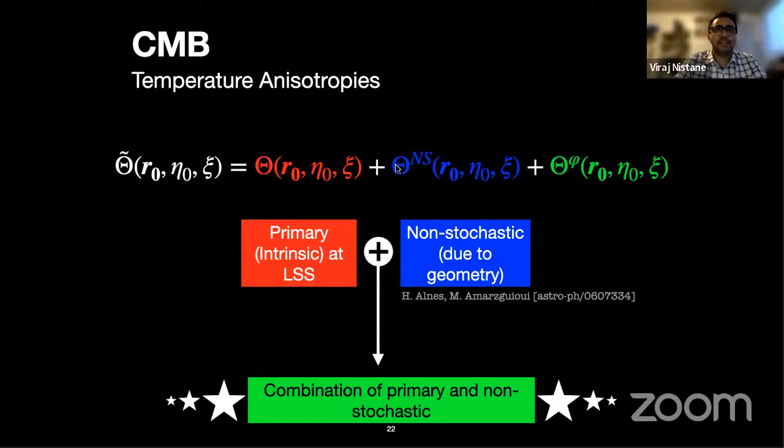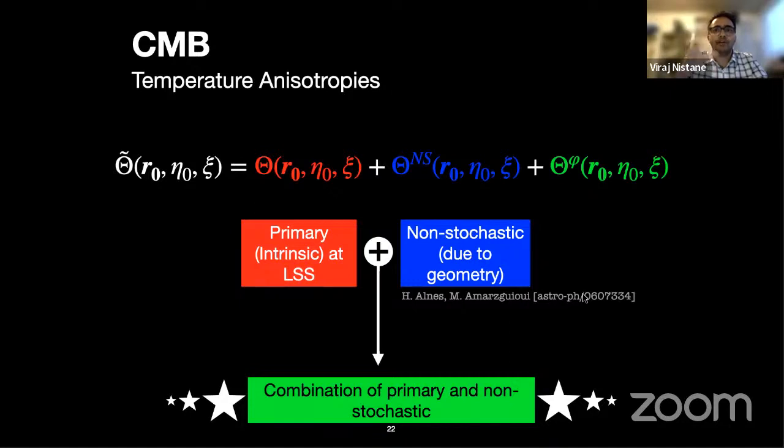This would be present even if the primary anisotropies were absent, that is, if the CMB were homogeneous. This has been extensively studied in the paper by Alnes et al., so I would not go into much detail. This mainly helps us to constrain the observer position R0 from the center using the CMB dipole and observations.